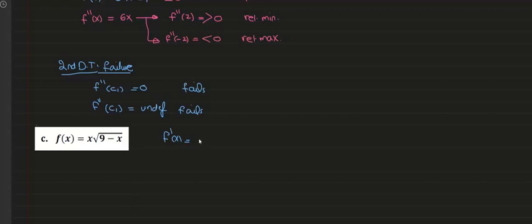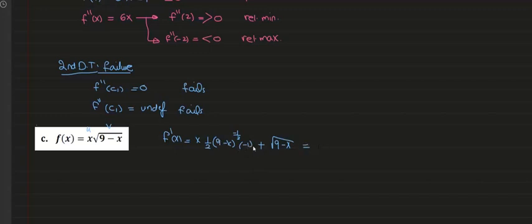So let's apply the product rule, where we have the first as it is, the u, times the derivative of the second, the derivative of v, where we will drop the power, and then the new power will be half minus 1, which is negative half, times the derivative of what's inside the bracket, which is negative 1, plus, this is the product rule, the root of 9 minus x as it is, times the derivative of u, which is 1. Now we find that we have a negative bracket in the derivative.